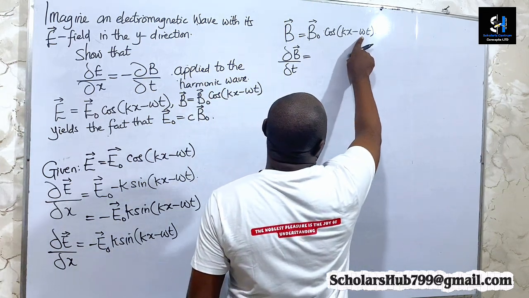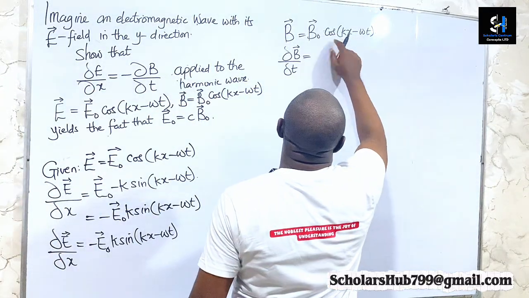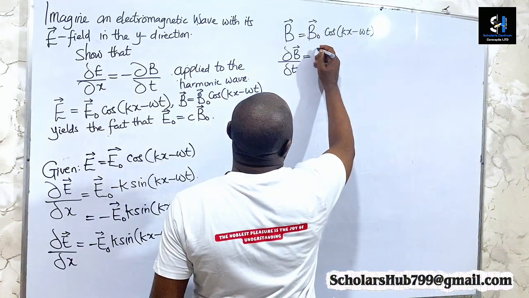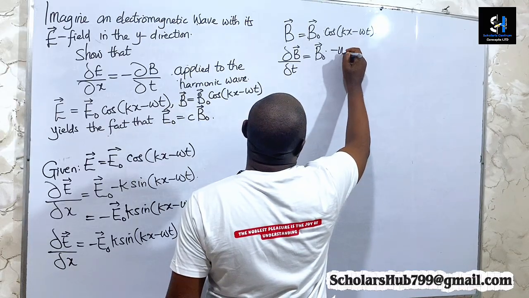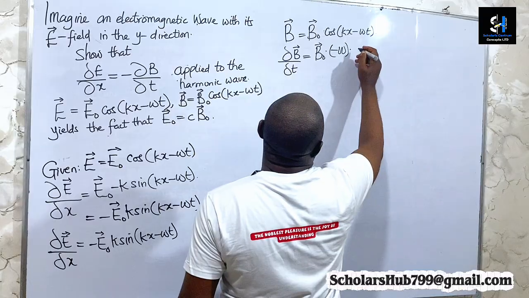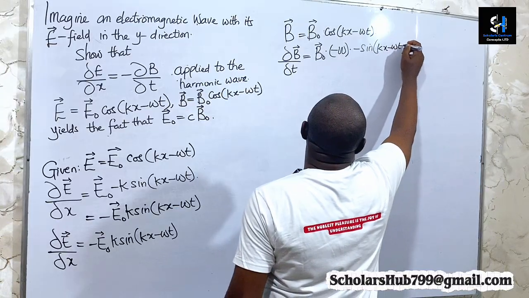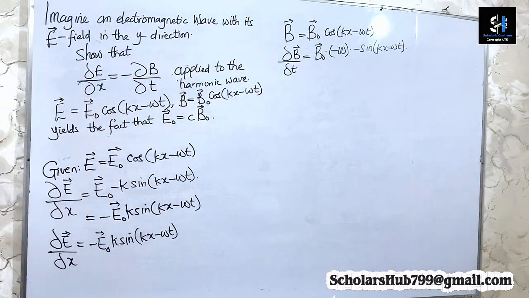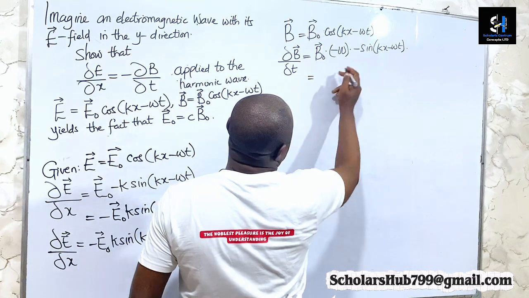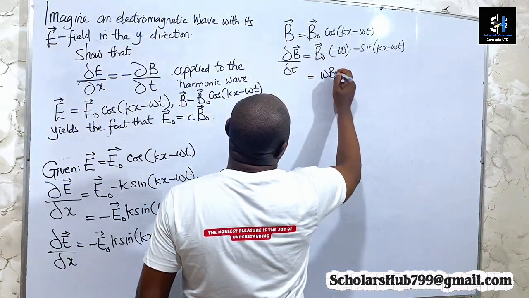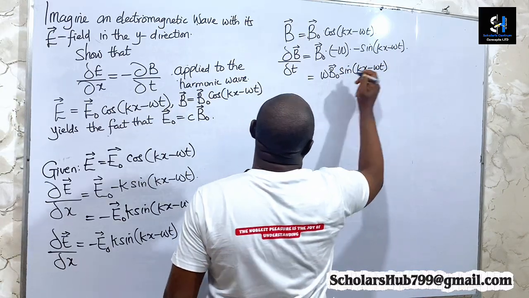Now we are differentiating with respect to t, so it means we are going to keep kx as a constant, so that this will be B naught multiplied by negative w, multiplied by negative sine(kx - wt). Now negative times negative will be positive. So in this case, we are going to have w B naught sine(kx - wt).